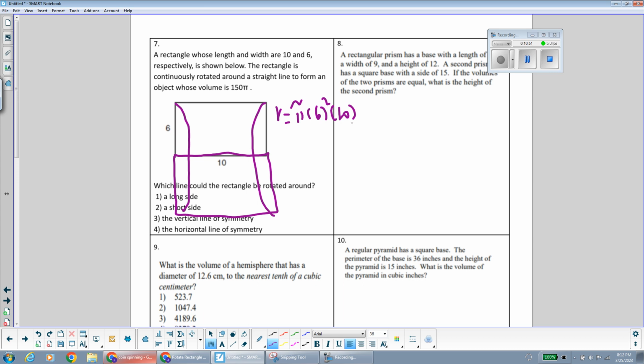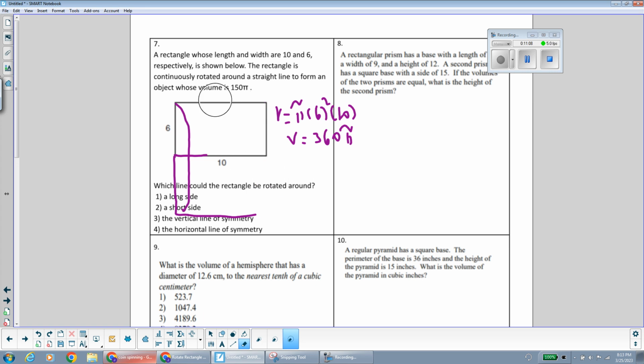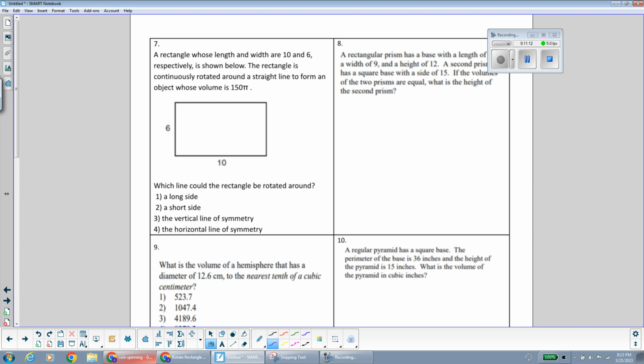So let me put 6 squared times 10 into my calculator. And what I actually get is 360 pi. So answer choice 1 is not the one we are looking for. So I'm going to just erase so that we can try out another answer choice.